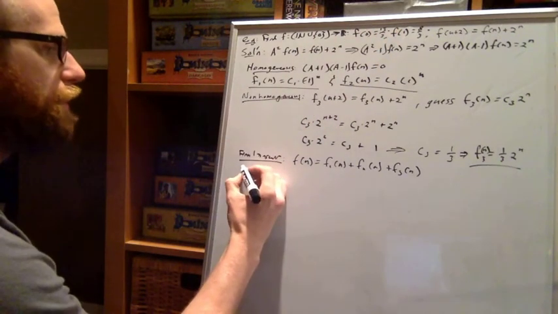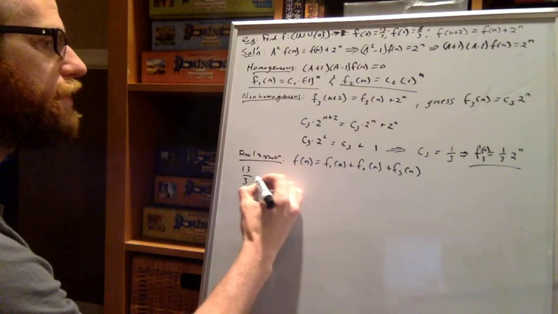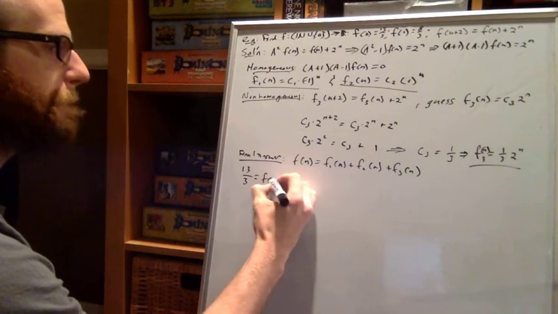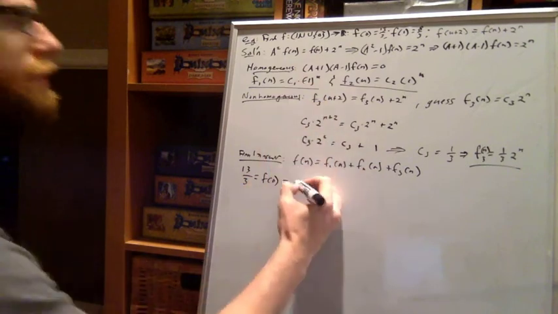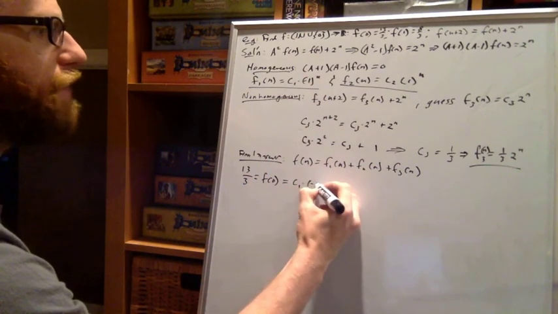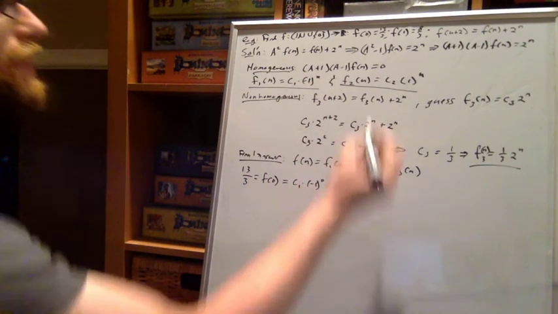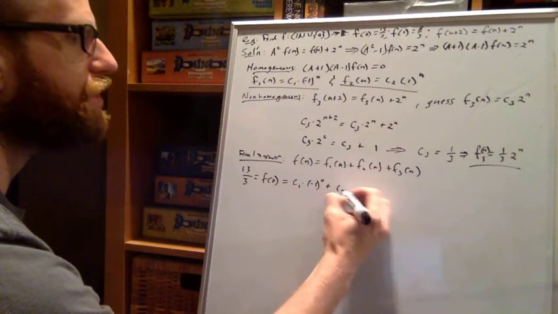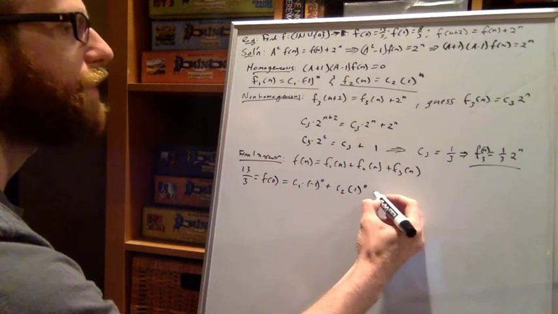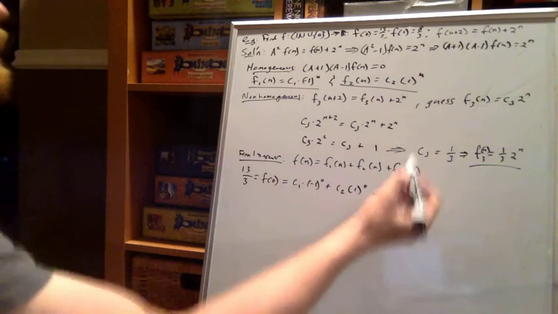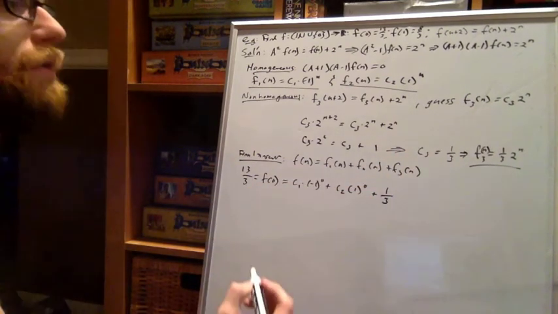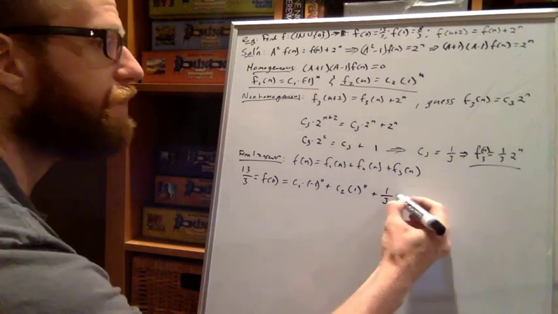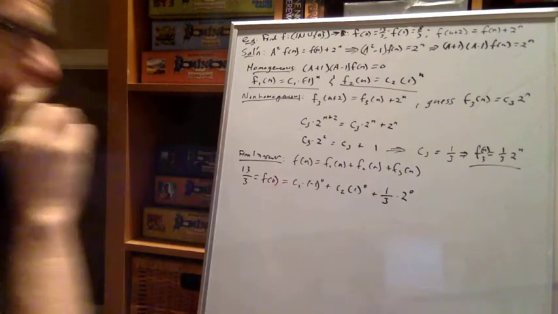First, 13/3 equals f of 0, which is c1 times -1 to the 0, plus c2 times 1 to the 0, plus 1/3 times 2 to the 0.